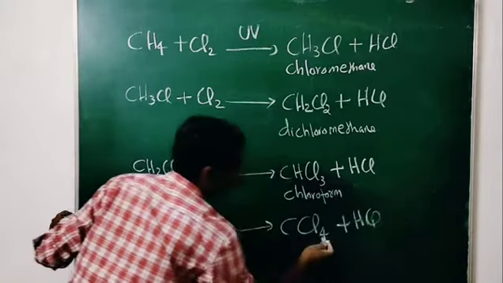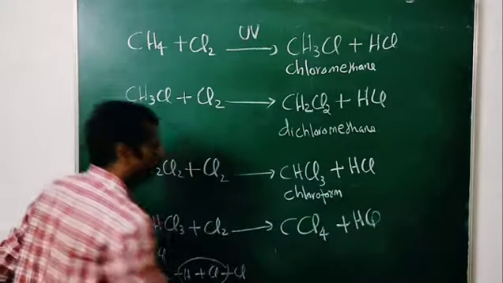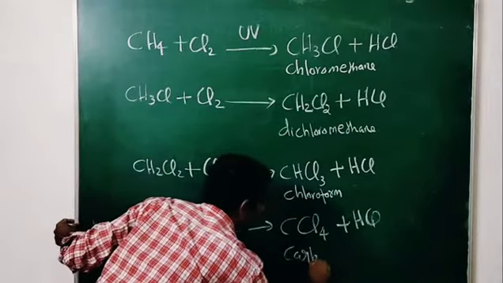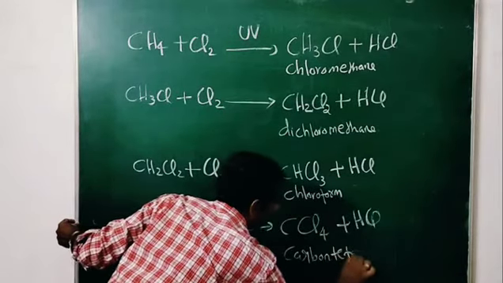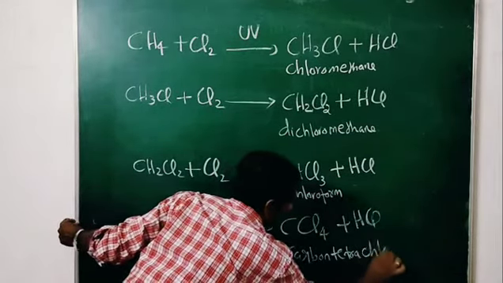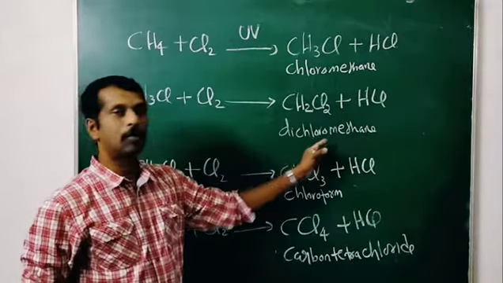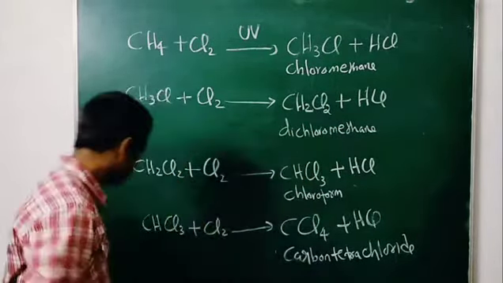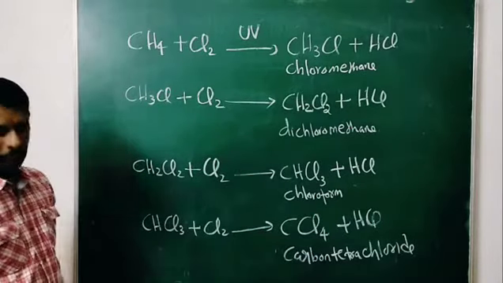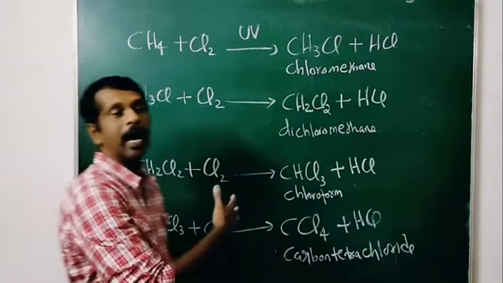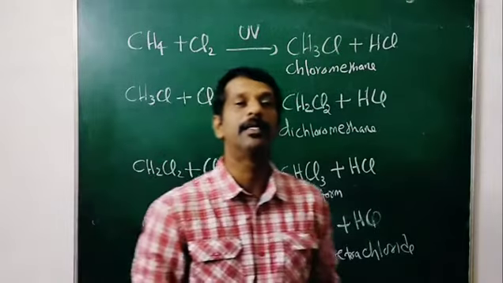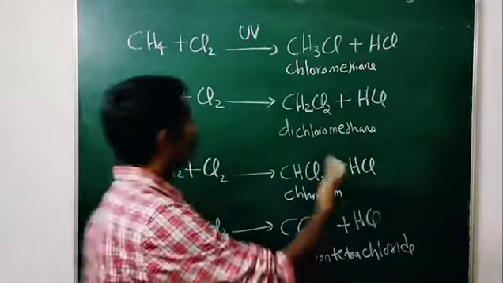This is tetrachloromethane, or carbon tetrachloride. So we get a mixture of chloromethane, dichloromethane, chloroform and carbon tetrachloride. This way, alkanes react with halogens and we get a mixture of products.